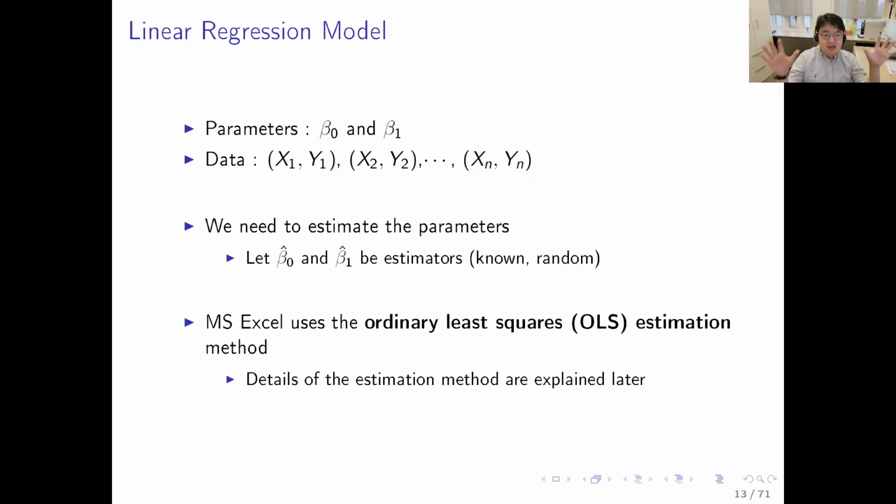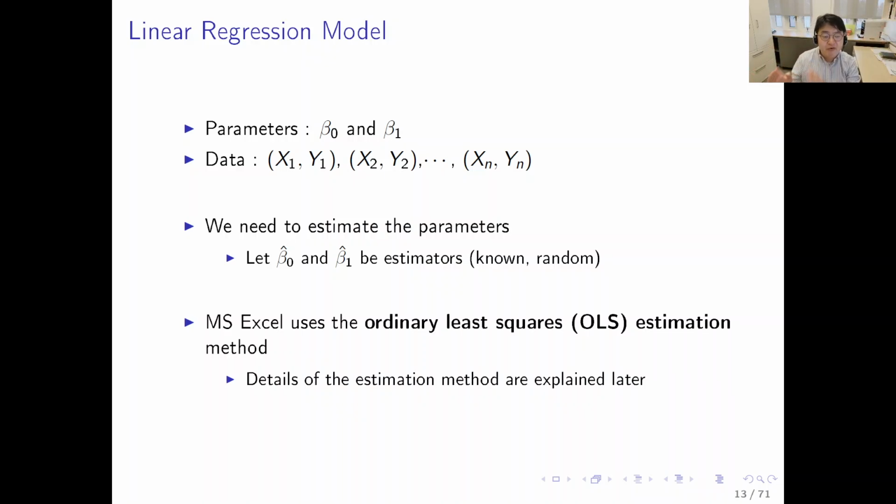So, as I said, the regression model we discuss in this course is really simple and basic. If you take 420, the next course, you are going to learn more variations of the regression model, and they have their own estimation methods.